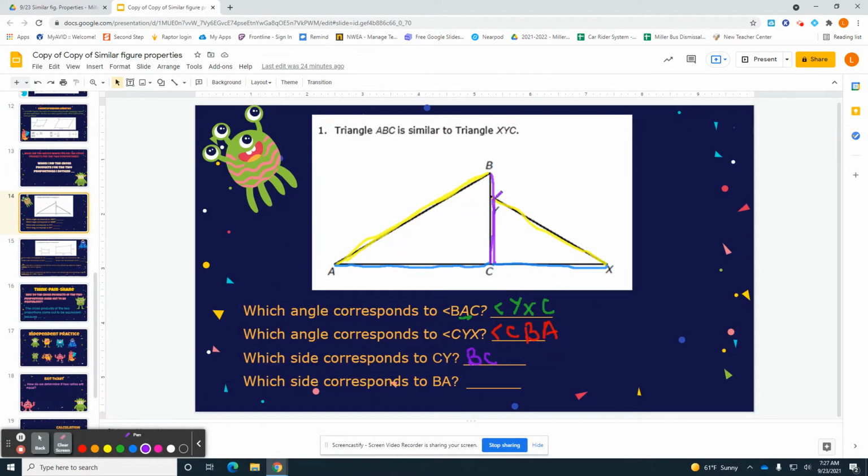They're back to back, so they share that part of that line. Okay, so which side corresponds to BA? You should know this by looking at your colors, so go ahead and fill that in. Okay, and if you said that line YX corresponds to BA, you are absolutely correct.